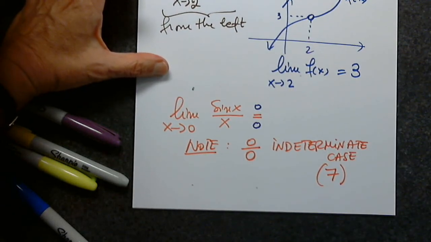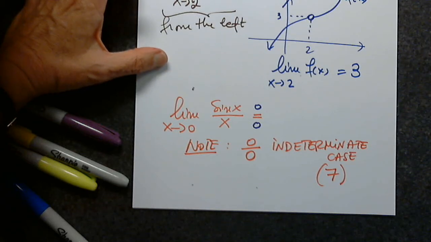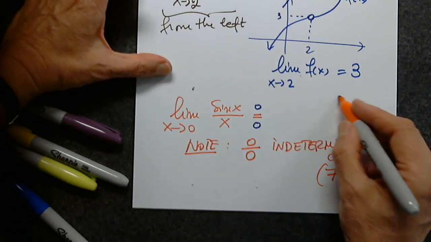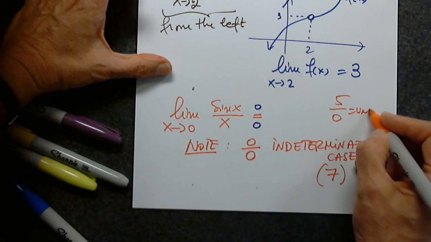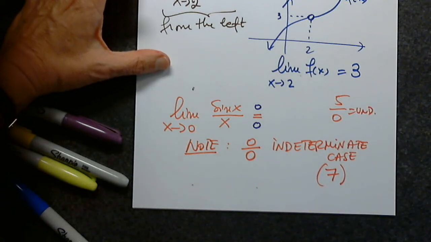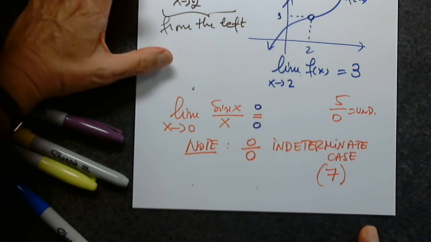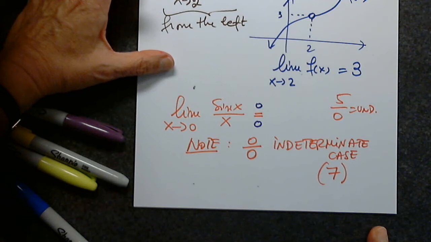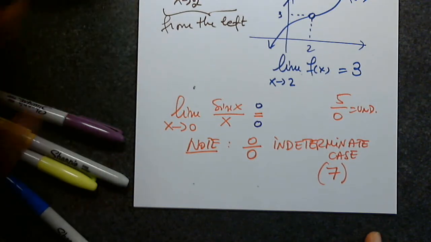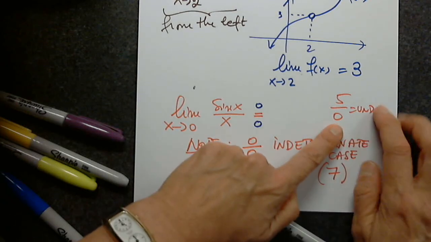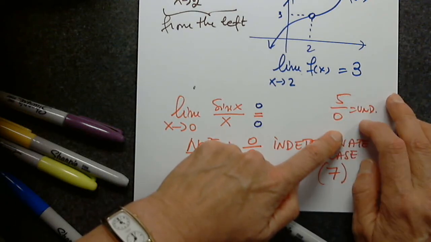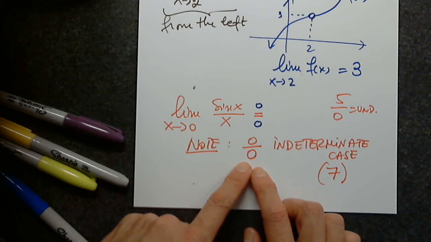We will look at all of them this semester. So 5 divided by 0 is undefined. But 0 divided by 0 is not undefined. It's called an indeterminate case. An undefined case means this is terminal. This one you cannot do anything, nothing. But an indeterminate case has hope.